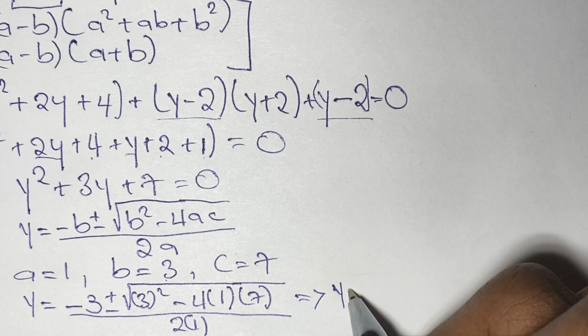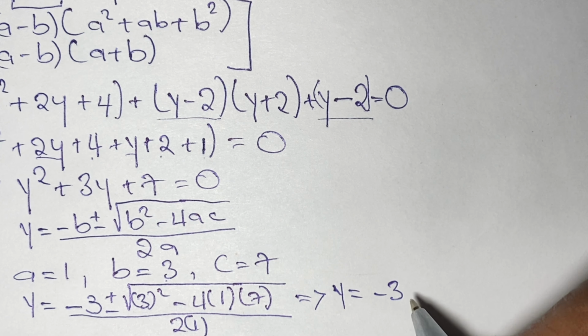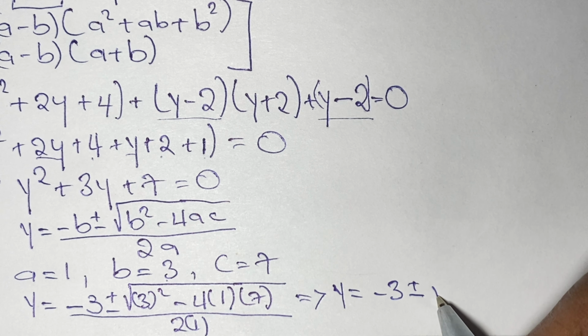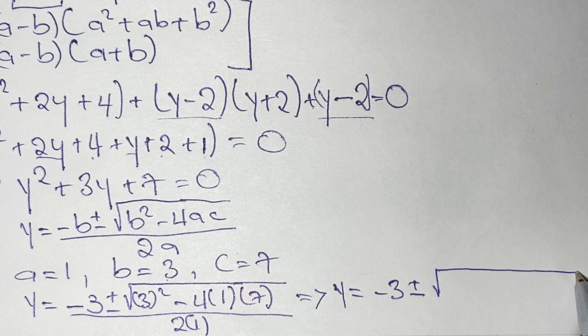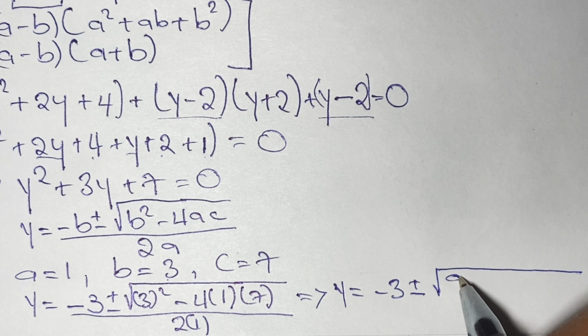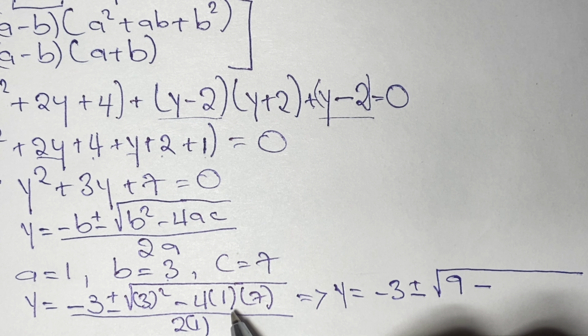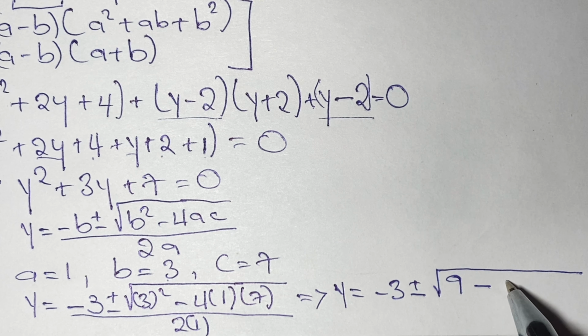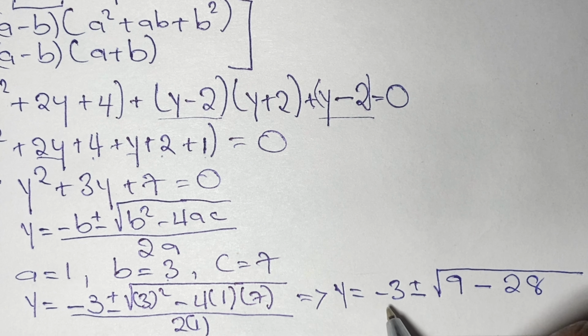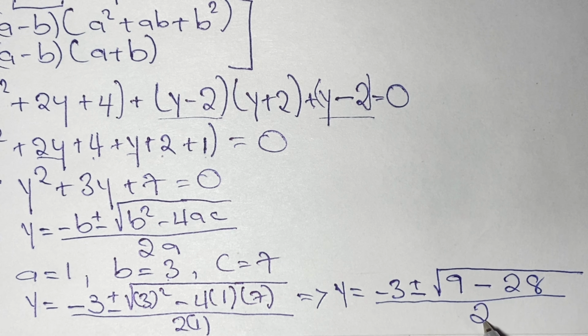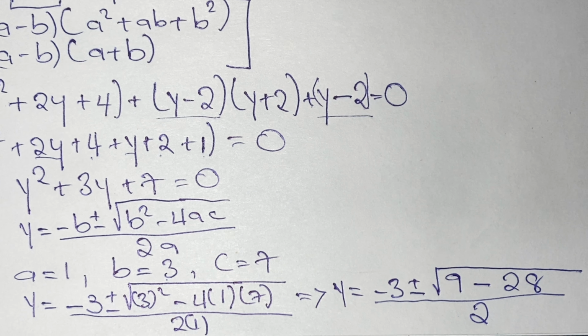Y therefore is equal to negative 3 plus or minus the square root of, we know 3 squared is 9, so we'll have the square root of 9 minus 4 times 1 times 7. 4 times 1 times 7 gives us 28, so we'll have 9 minus 28, and we have all of this over 2 times 1 gives us 2, so we'll have all of this over 2.